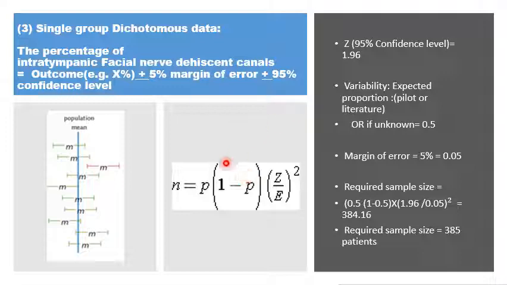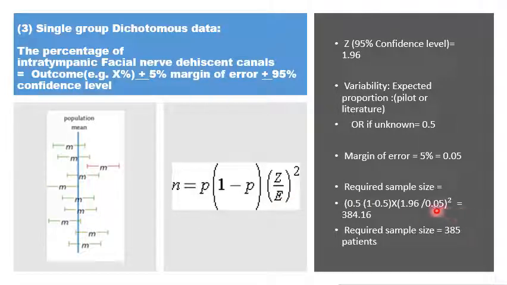So let's plug in the figures in this equation. The P, because we don't know, would be 50%, and the 1 minus P would also be 50%. So that's 0.5 here, and 1 minus 0.5 is 0.5 again, multiplied by the Z score for the level of confidence, which is 95%. So that is 1.96 in here, divided by the margin of error, which is 5%.